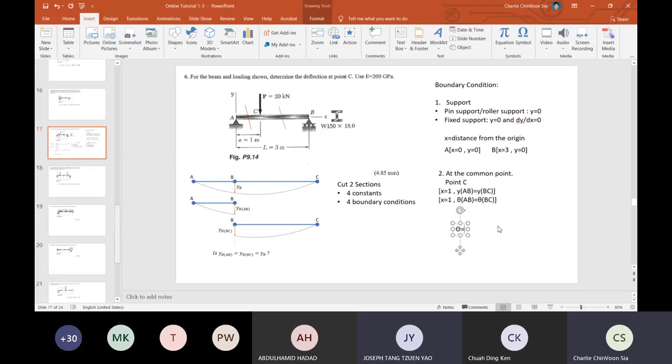We can write it as theta or dy over dx. Basically, these two are the slope value. Okay, so is it clear regarding the boundary conditions? Yes.